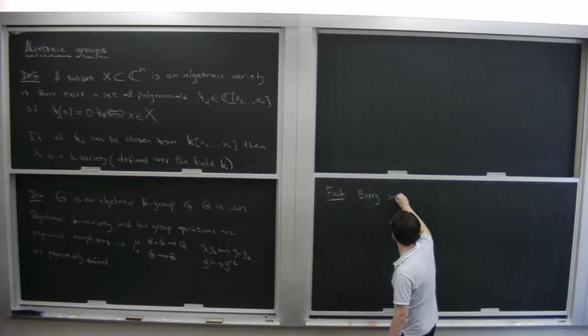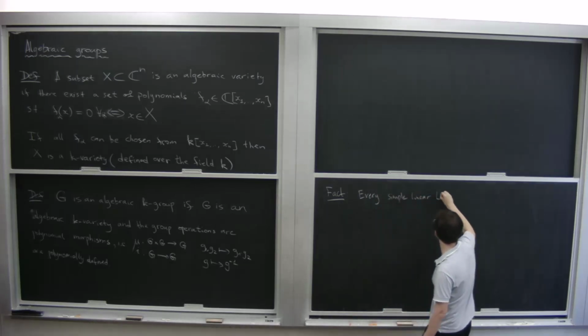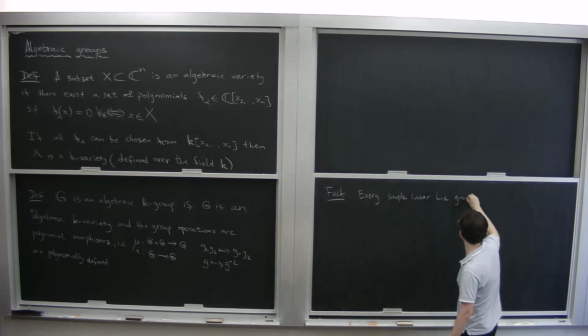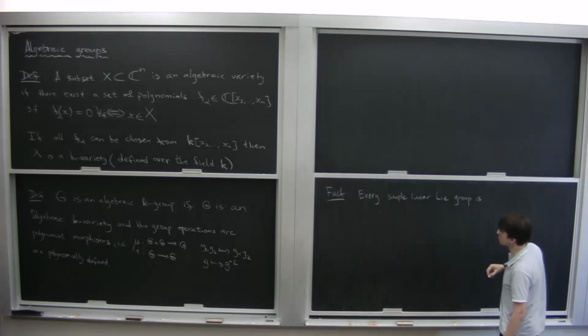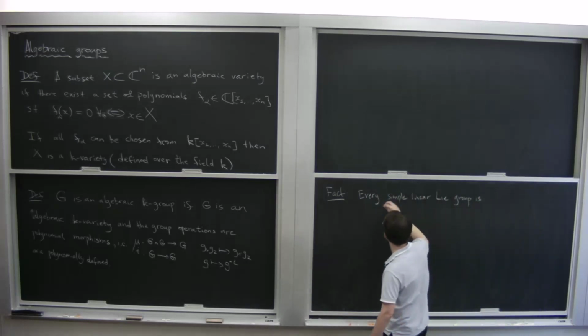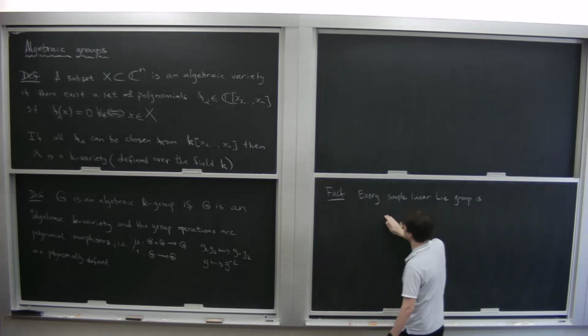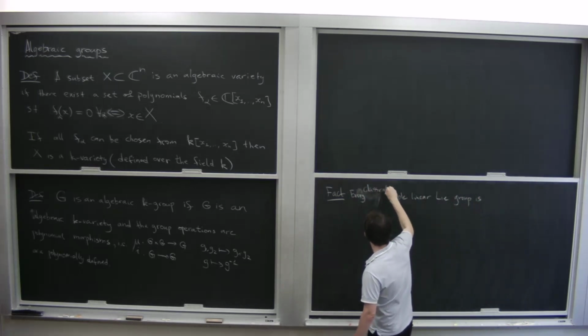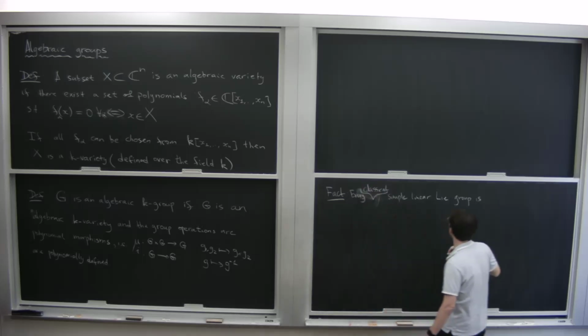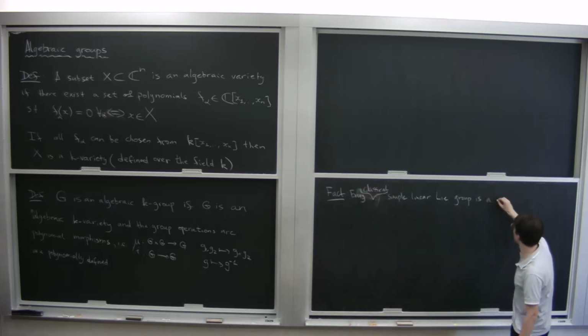Every classical simple linear Lie group is an algebraic Q group.